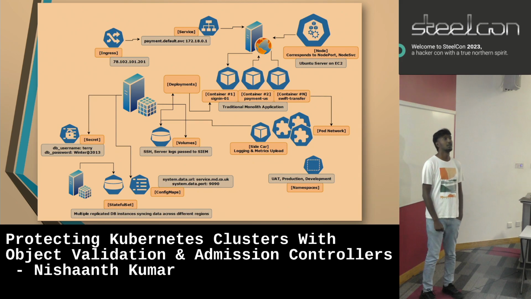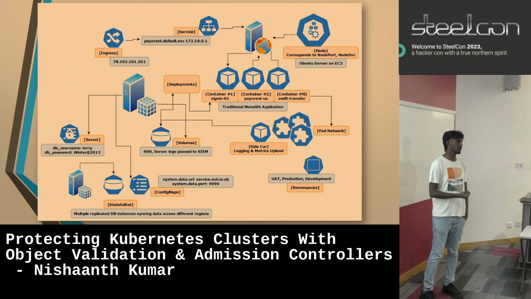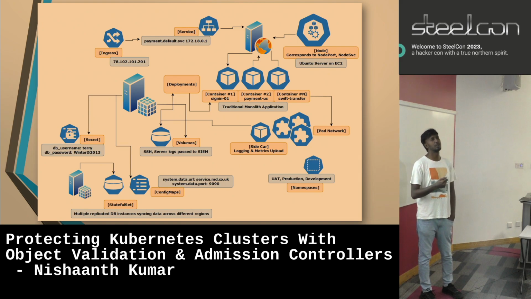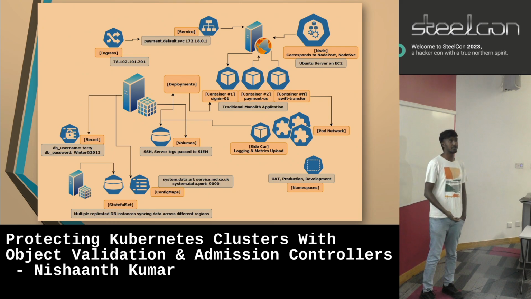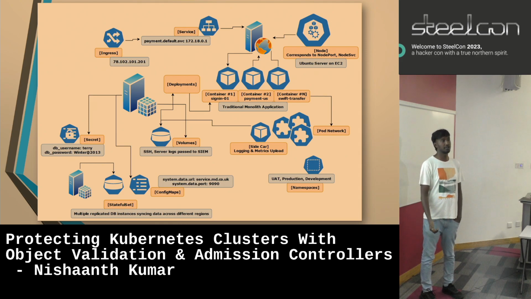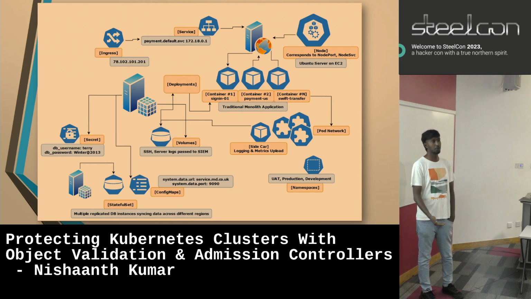Namespaces are just a logical separation of the whole cluster. When you create a production namespace, all the resources which you deploy on the production namespace are going to be isolated from the other namespaces, so that even if, say for example, a production namespace gets compromised, it doesn't affect the other namespaces.